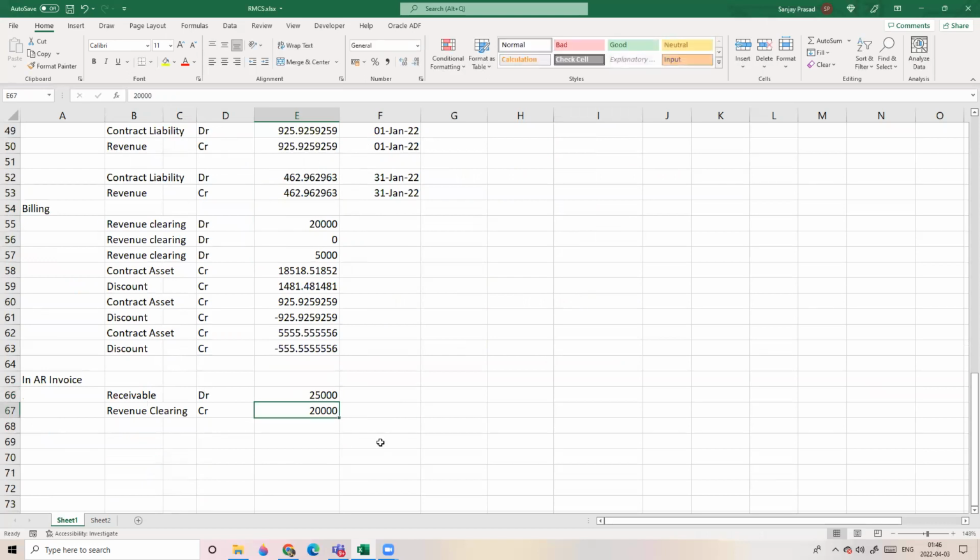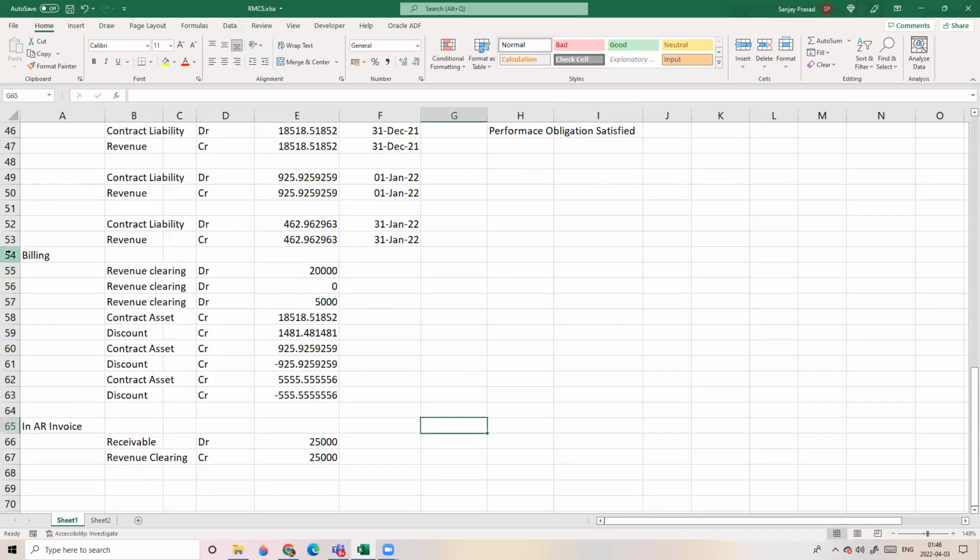In fact, there will be 3 different items, but I'm just putting everything in one. And in general, we credit the revenue. But if we are doing the revenue recognition in RMCS, then in AR, instead of revenue, revenue clearing will be credited. After this, the billing information will be interfaced to RMCS.